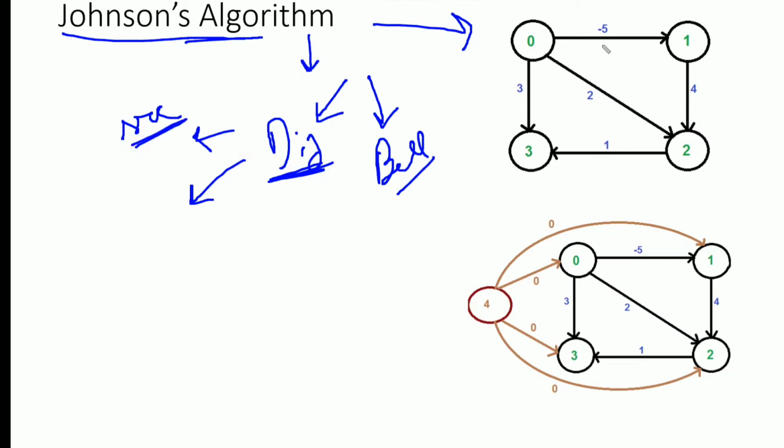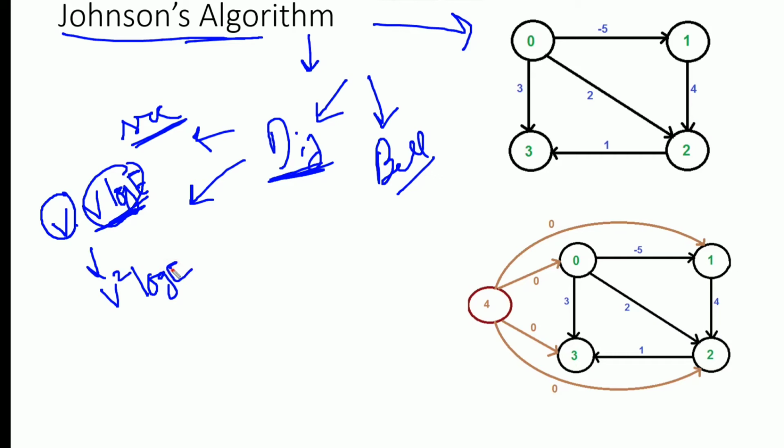If we consider all the vertices as a source one by one, then we will get the all pair shortest path in time complexity of V into V log E, where V log E is the time complexity of single source shortest path using Dijkstra, and as there are V vertices, we apply Dijkstra for each vertex and get time complexity V square log E.